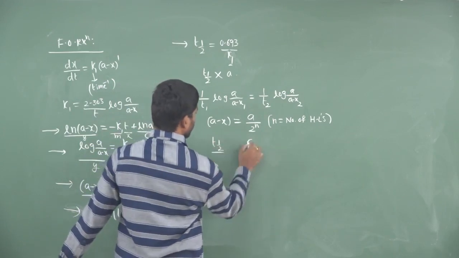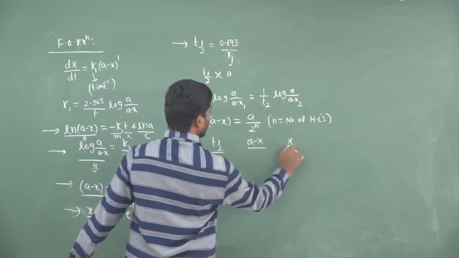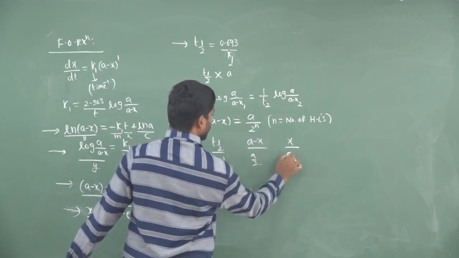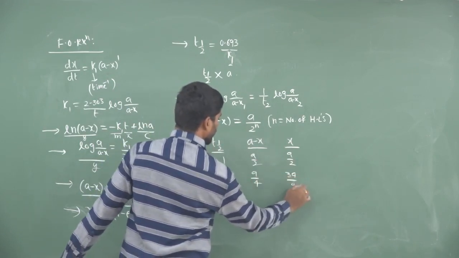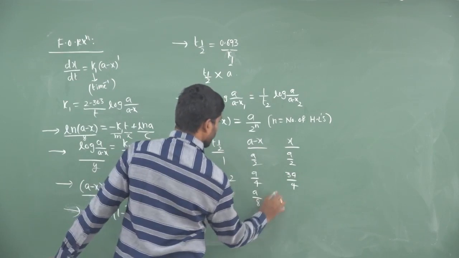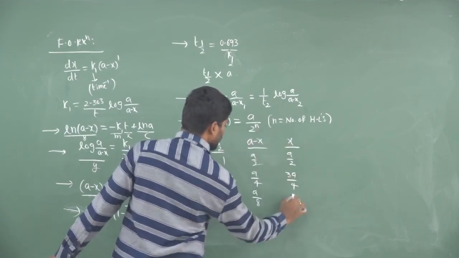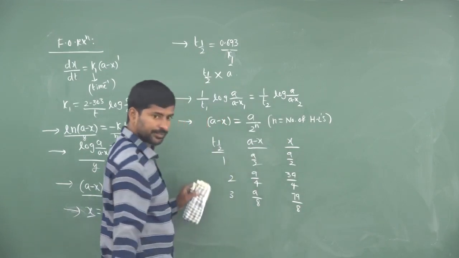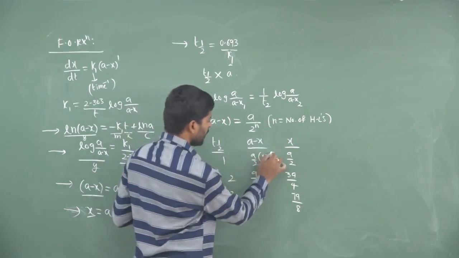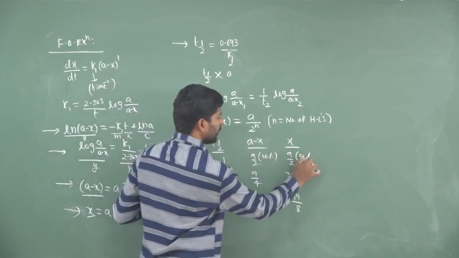T half, a minus x, and x. After 1 half-life, a by 2 and a by 2. After 2 half-lives, a by 4 remaining and 3a by 4 completed. After 3 half-lives, the remaining concentration based on this equation is a by 8, meaning 7a by 8 completed, and so on. Remaining 50%, completed 50%.